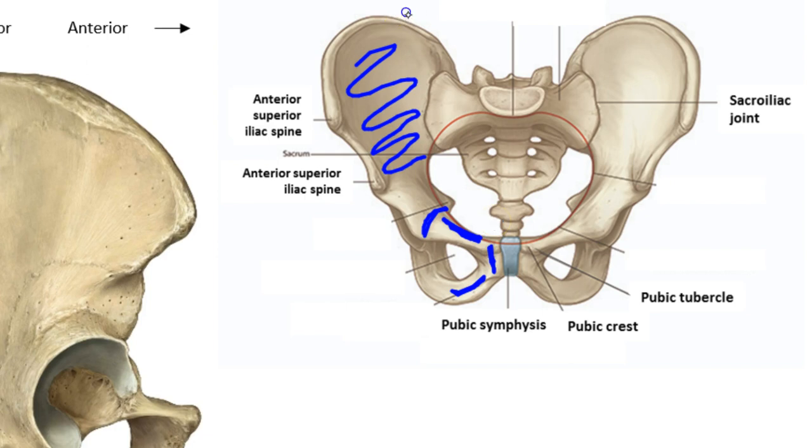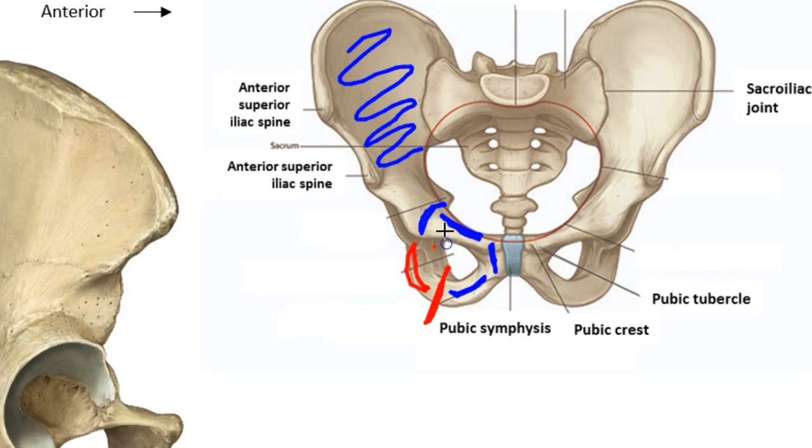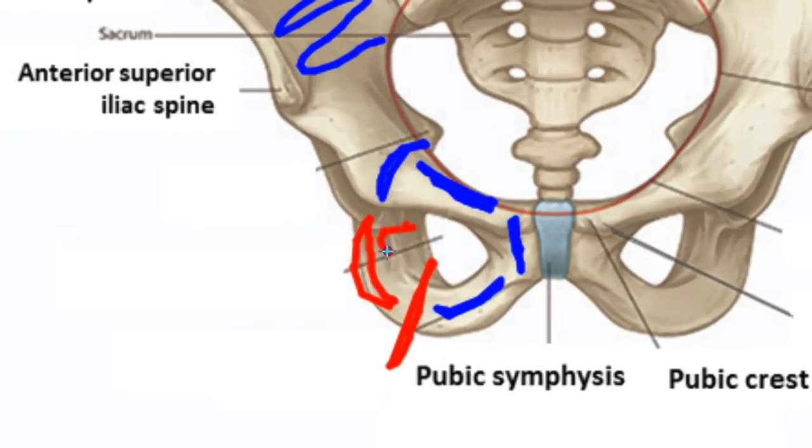We change colors and we'll draw the demarcation between the pubic bone and the ischium. And we'll see that right in this area. And then the remaining part of this is the ischium. So if we extend backward here, we're on the ischial ramus, and then up in this area will be the ischial body. And then of course the ischial tuberosity is a bit hidden in this anterior view.